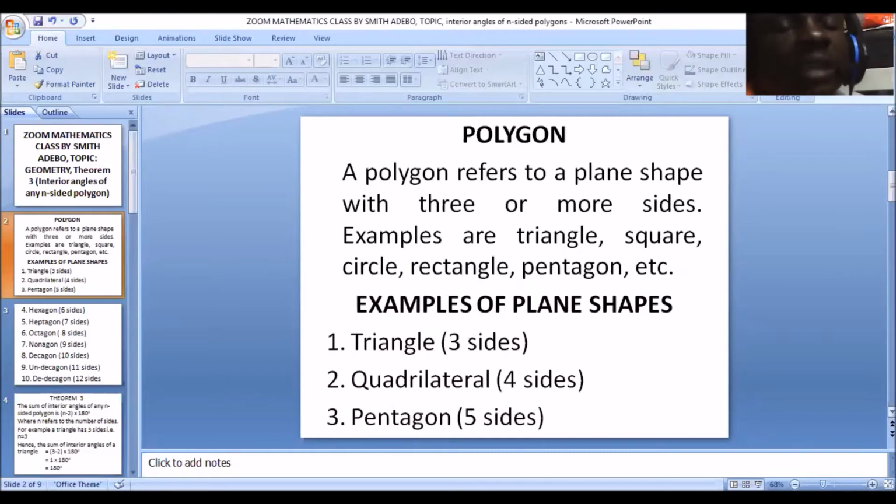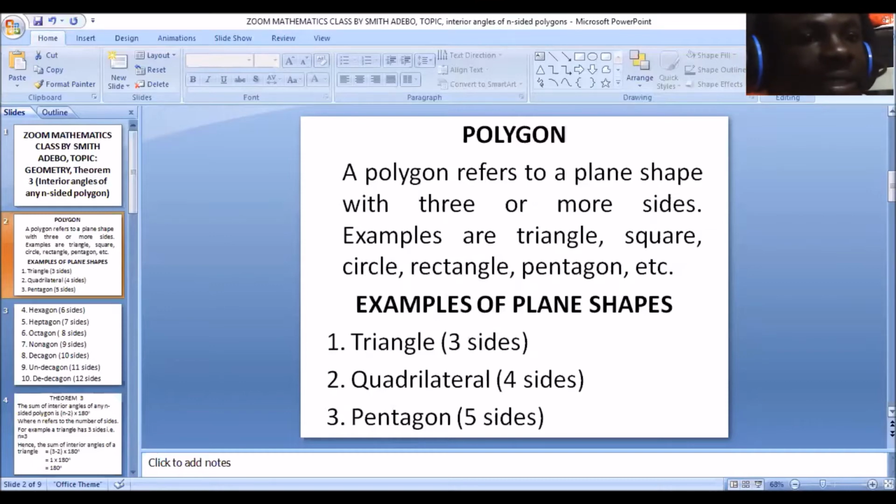No matter the number of sides, a plane shape has a name. Examples of plane shapes are triangle, square, circle, rectangle. You know what a circle is. It's a plane shape. A rectangle, a pentagon, etc. Although a circle is a special type of plane shape, unlike other plane shapes, it doesn't have any vertices.